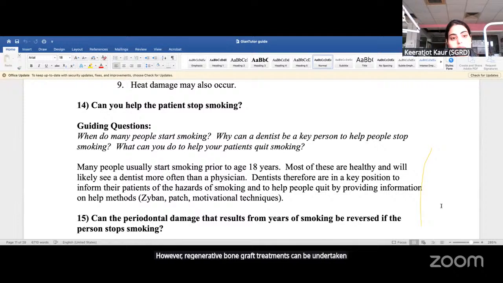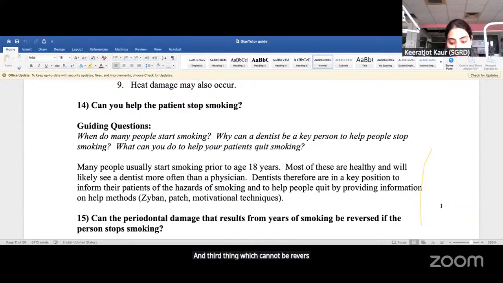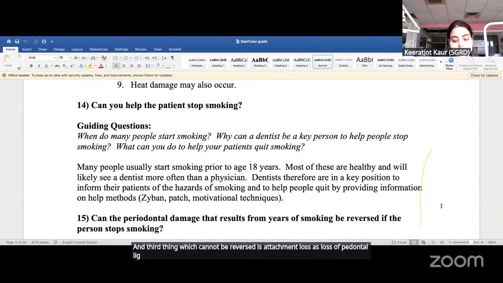Secondly, gum recession cannot be reversed, as gums do not grow back naturally. And the third thing which cannot be reversed is attachment loss, as the periodontal ligament attachment does not fully regenerate, but quitting smoking can slow further loss. Thank you.